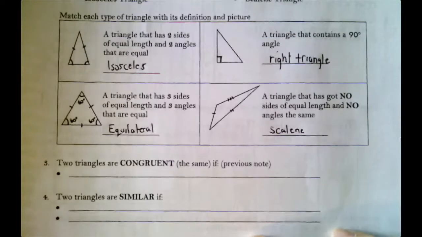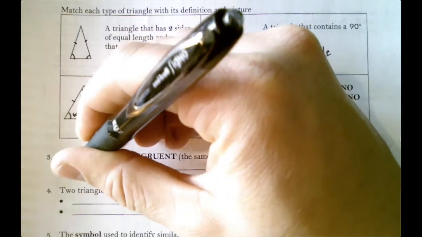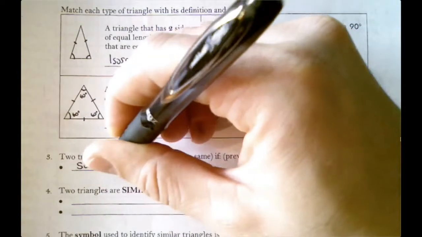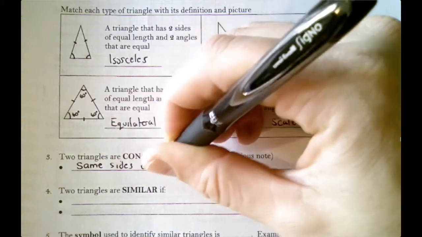Number three, what we need to know about triangles is congruency and similarity. Congruent means that two triangles are exactly the same, which means they have the same sides and same angles.